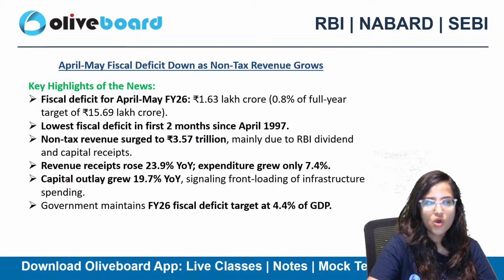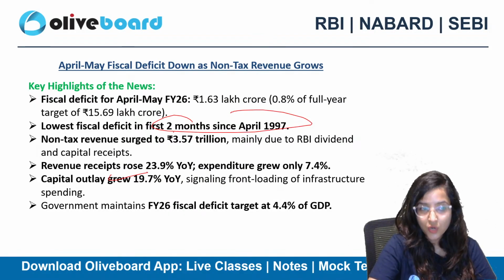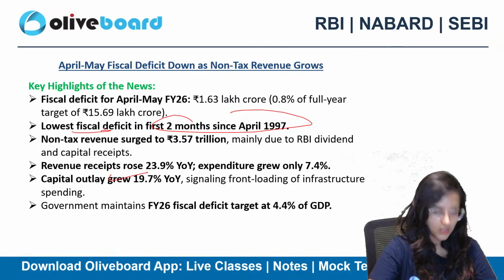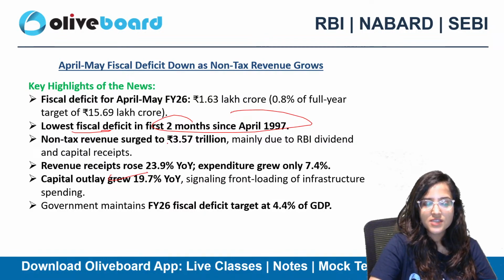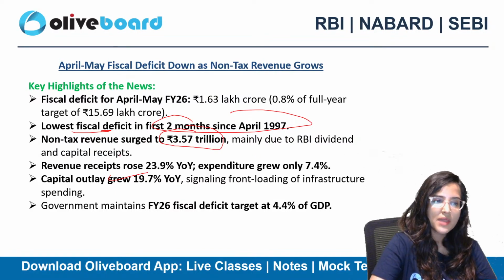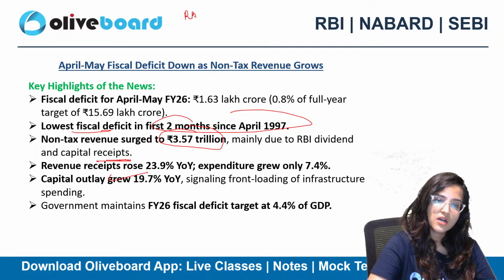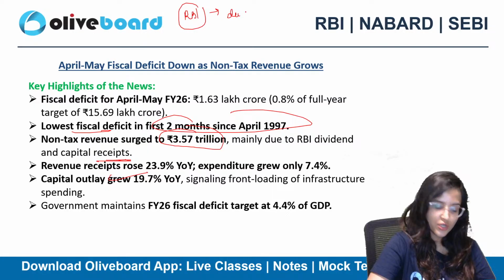Okay? So lower fiscal deficit in the first 2 months since April 1997, lowest fiscal deficit, which is a very good thing. Non-tax revenue surged to 3.57 trillion rupees, and that is mainly due to RBI dividend and capital receipts. We've seen that RBI has given a huge amount of dividend to the government.